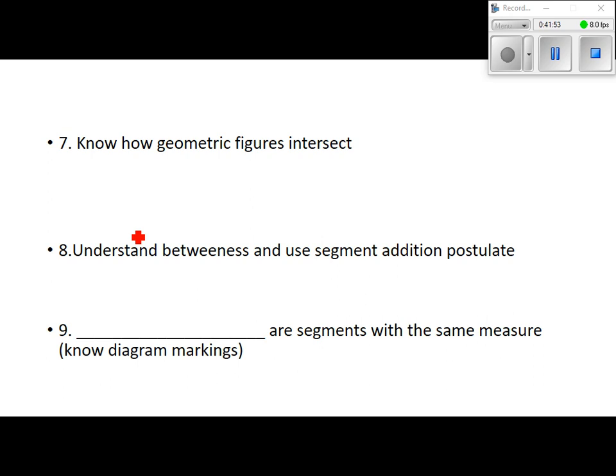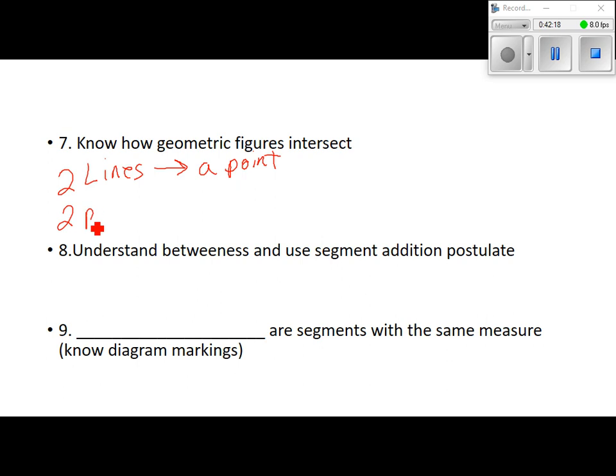Next one. Know how geometric figures intersect. 2 lines. If I have 2 lines, how do they intersect? A point. Take 2 of your fingers, cross them. They intersect at exactly 1 point.